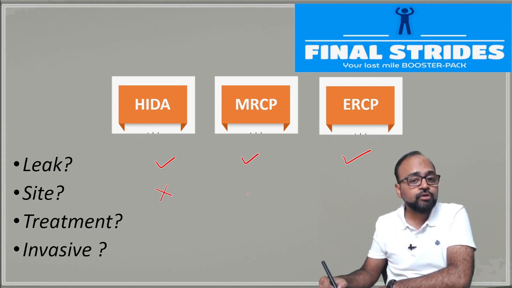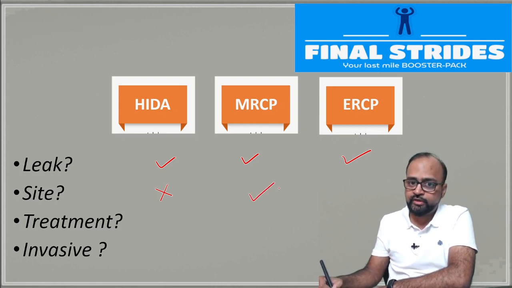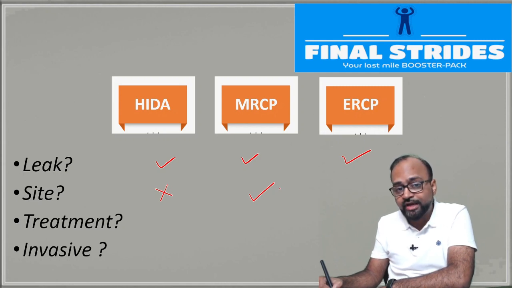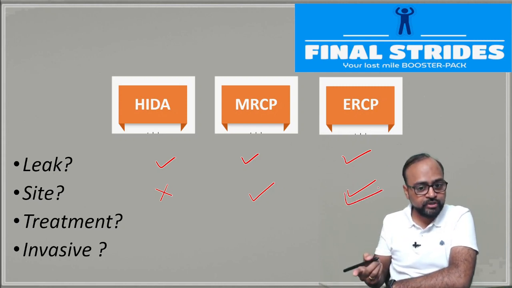MRCP, depending upon where exactly the main focus of the collection is, can help you identify the site of leak indirectly, though direct visualization would not be possible in MRCP. ERCP, when you actively inject contrast within the biliary tree, will show you the actual site of extravasation, so it would be the most definitive technique for evaluation of biliary leak.